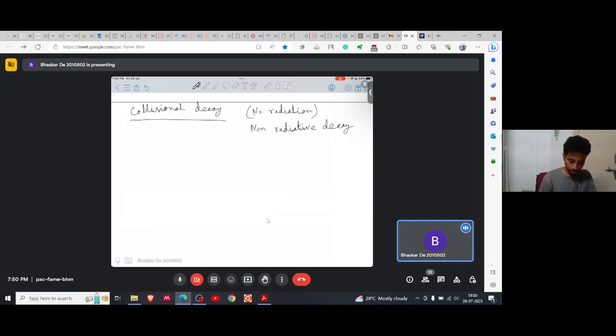So when we are calculating the lifetime of a system, we have to consider two things: one, the decay rate gamma that is due to the radiative decay, and another, gamma equal to collisional decay.